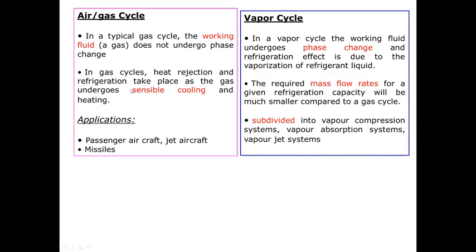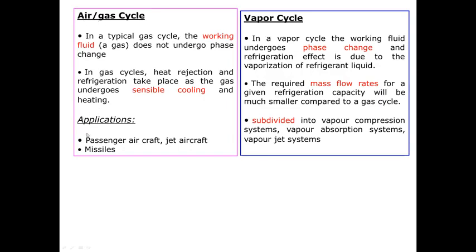The cooling can be produced by using the concept out of those methods that we discussed. Sensible cooling will be used for producing the cooling effect. Like you should have very cold air or very cold gas in order to produce cooling for a hot object. So that means there will be no phase change, only cooling produced by using sensible cooling.